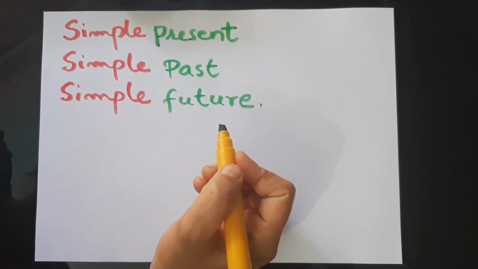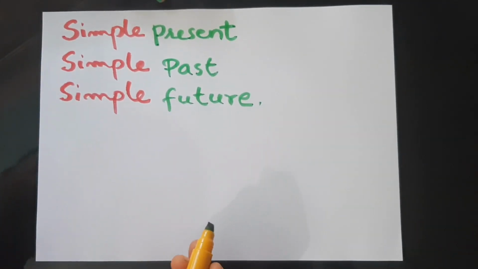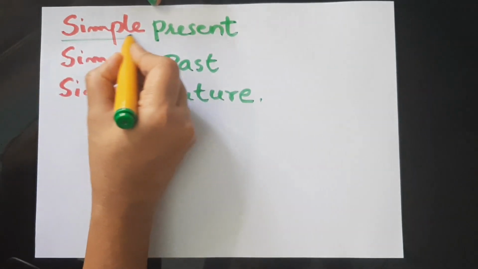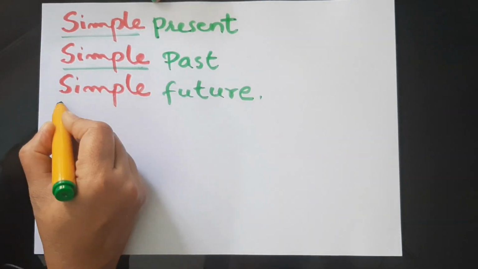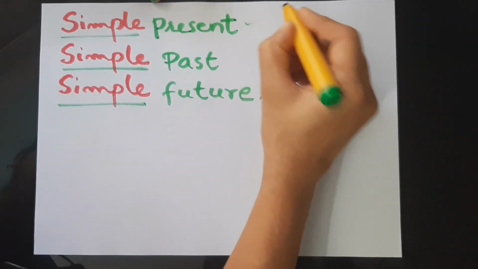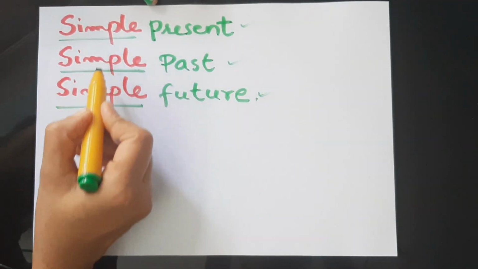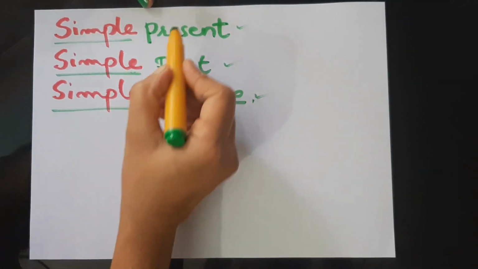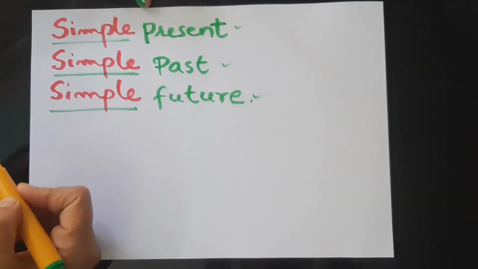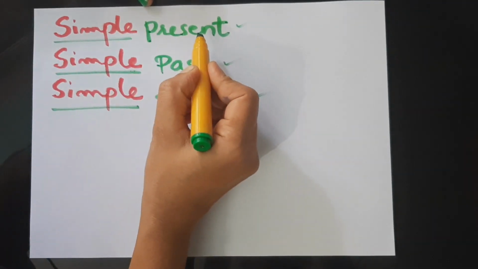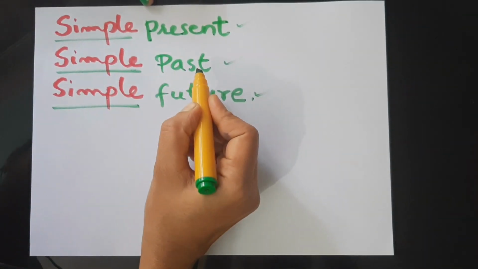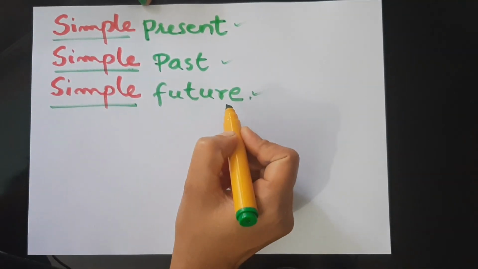Now, first of all, what I am going to discuss is the simple forms of all the 3 tenses, that is simple present, simple past, and simple future.